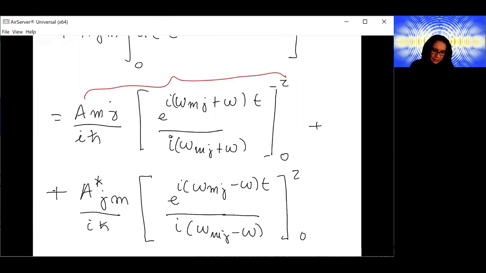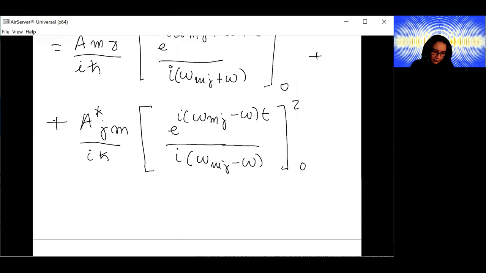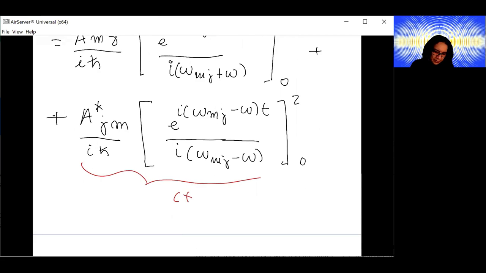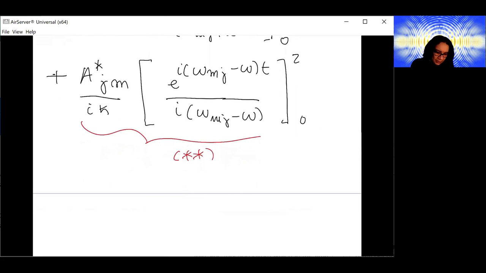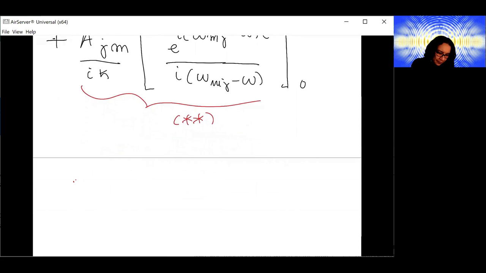So call this star, call this double star. Once I do all the cleaning up, this is going to be A MJ divided by I times I, so this is -1 h bar.